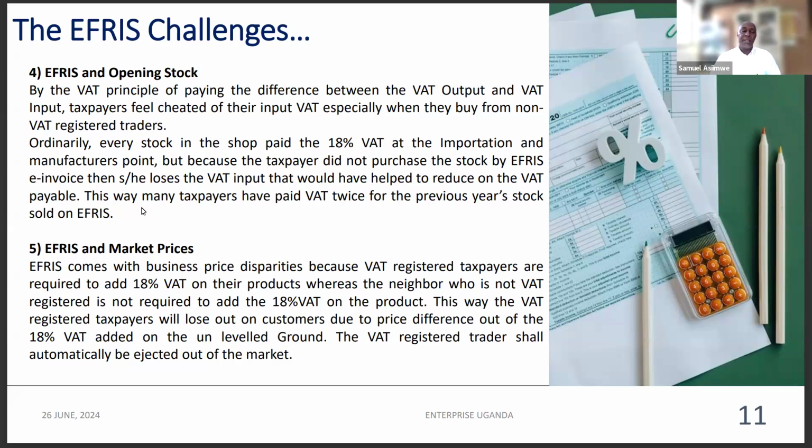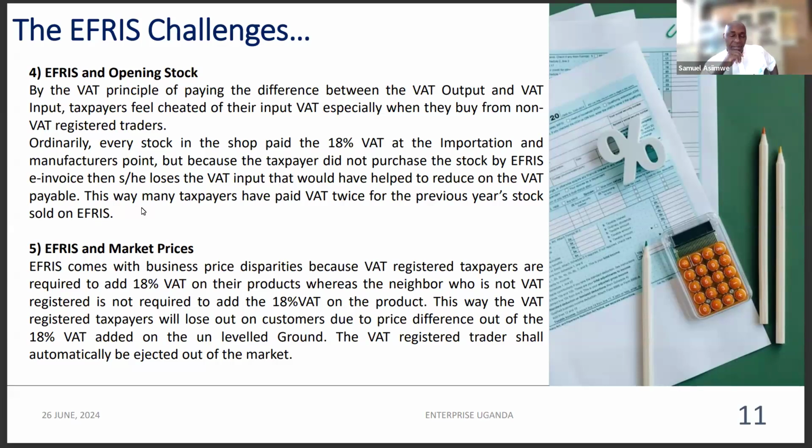So in this case, this opening stock: ordinarily, at the introduction of the EFRIS system, businesses had stocks within their shops, maybe for one year or years, and definitely they had paid VAT, because ordinarily every stock in the shop paid VAT at the importation level and at the manufacturer's level.